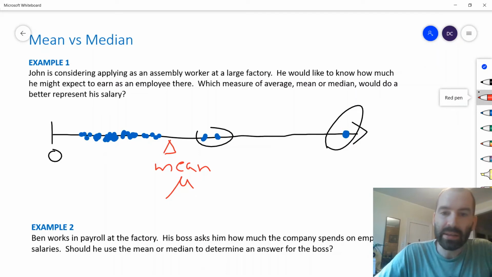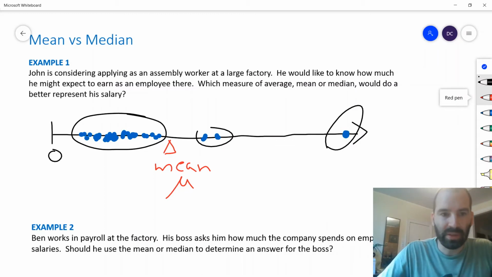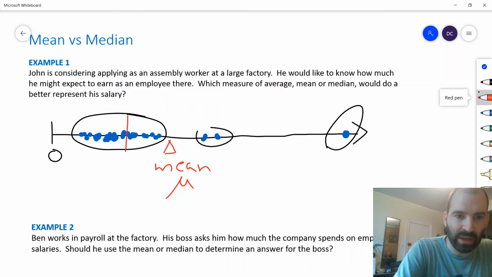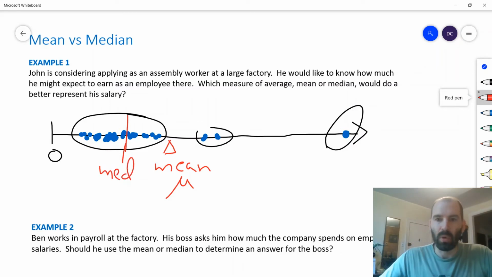Now what about the median? Well, the median cuts the data in half. Now there are so many assembly workers over here that the middle value is going to be somewhere in there, right? So the median is going to be somewhere in here. So which value is a better value for John?